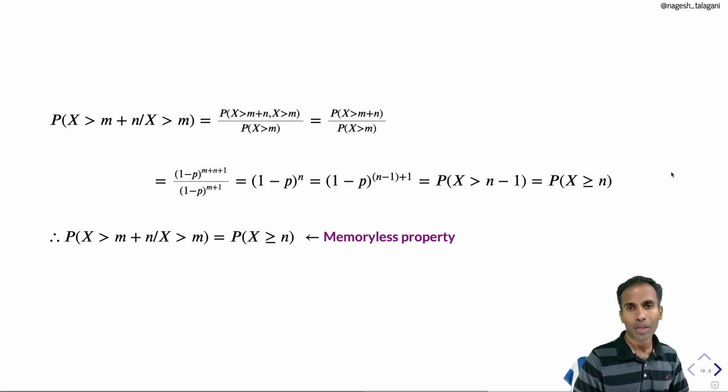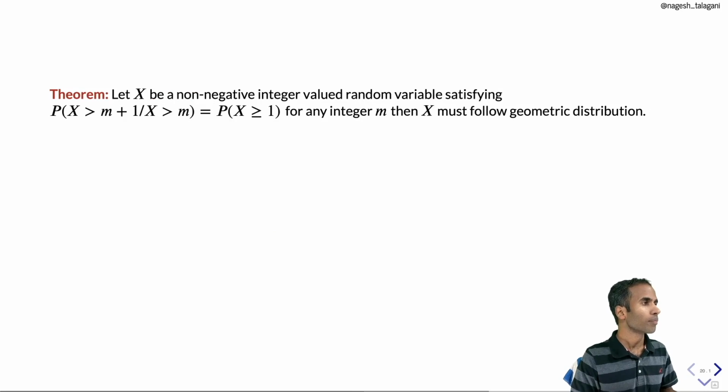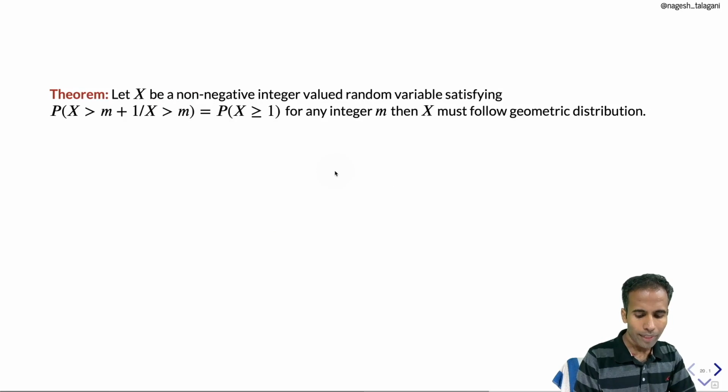Next we are going to show that the geometric distribution is the only discrete distribution having this memoryless property. Next theorem. Theorem: let X be a non-negative integer valued random variable satisfying probability of X bigger than m plus 1 given that X bigger than m equals probability of X bigger than or equal to 1, for any integer m.